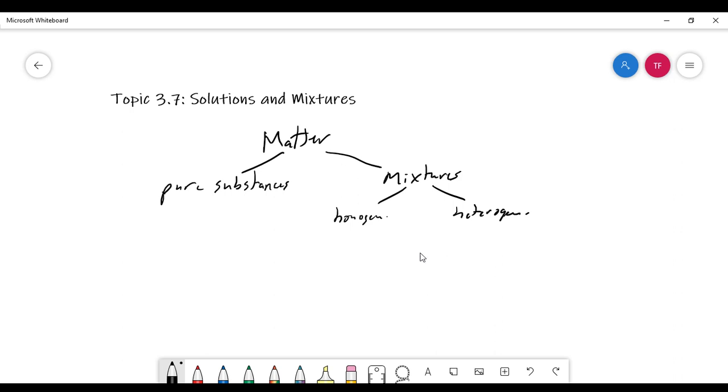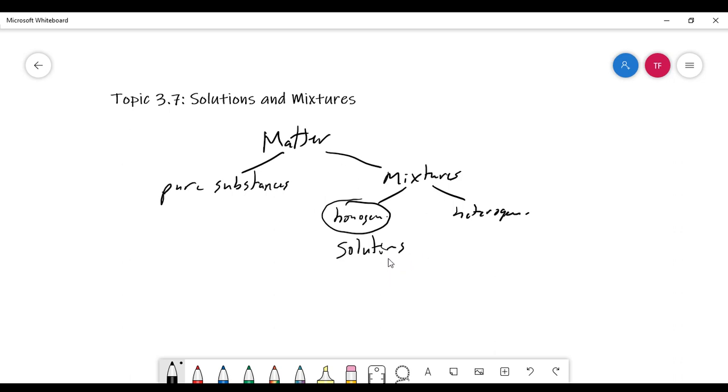In fact, you may confuse it with a pure substance, but there are indeed two or more different substances mixed with one another in a homogeneous mixture. Heterogeneous, there is not a consistent composition on a macroscopic scale, so you can identify the different parts of the mixture very easily. We are going to focus in on homogeneous mixtures, which sometimes are also called solutions, or solutions are also sometimes called homogeneous mixtures.